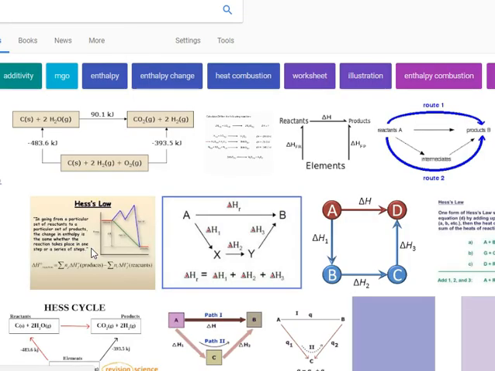This is another one that displays the same thing.